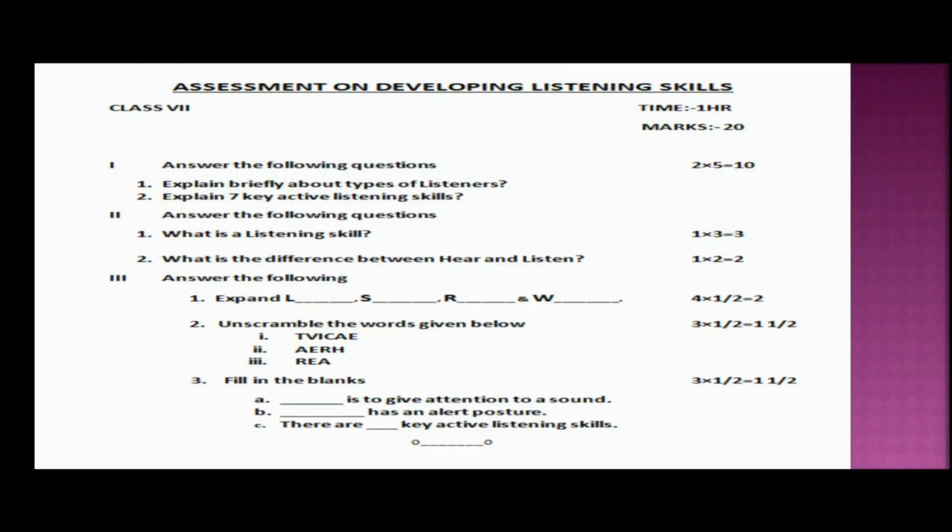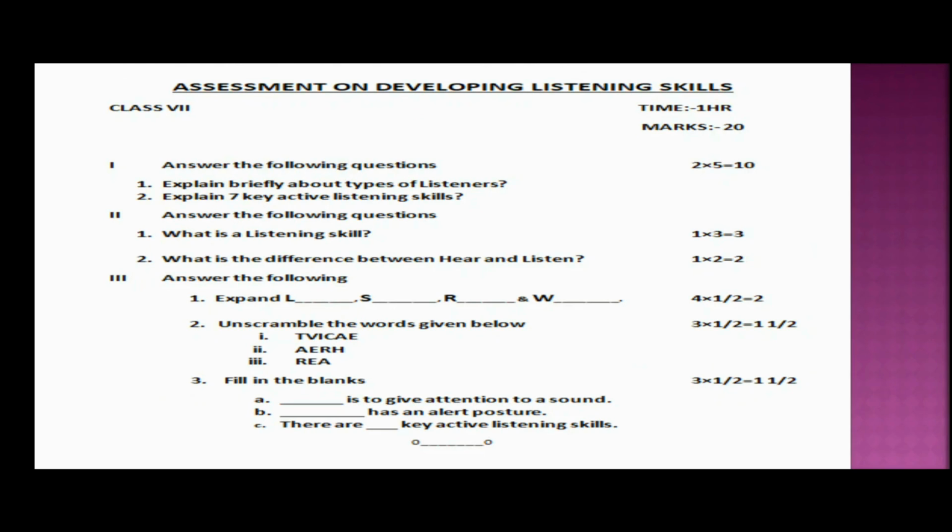Now coming to the second Roman, and these are also answer the following questions. First one is, what is a listening skill? This question carries 3 marks. Second one, what is the difference between hear and listen? This question carries 2 marks.